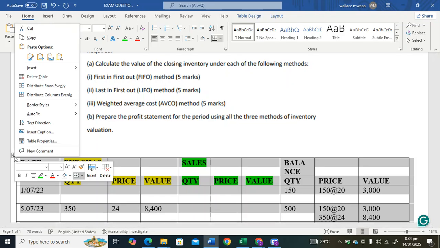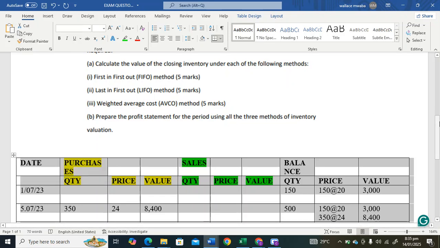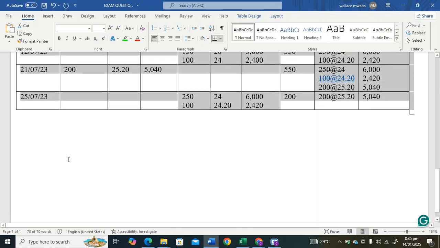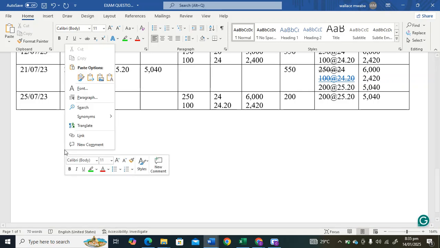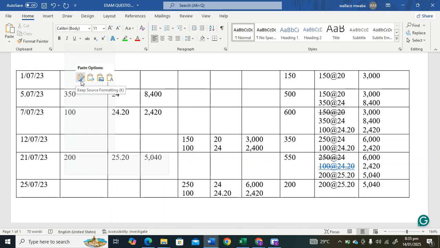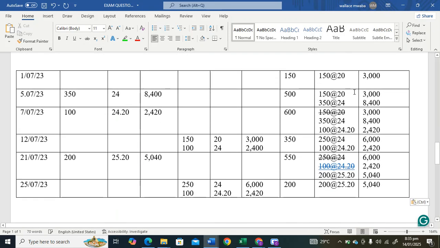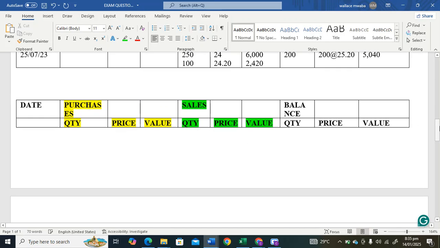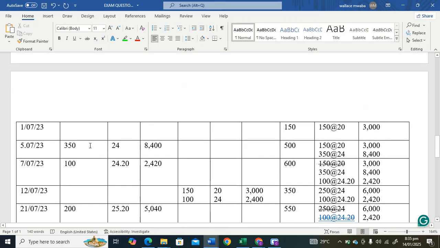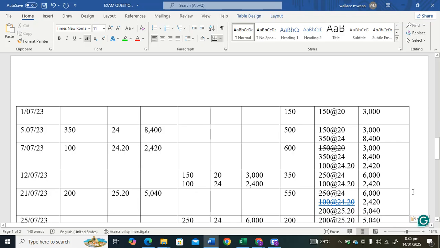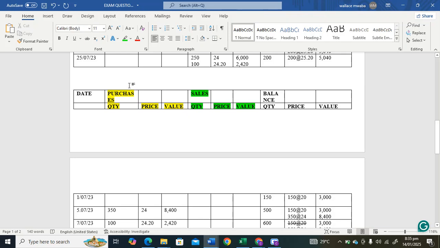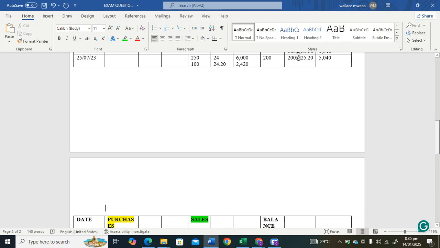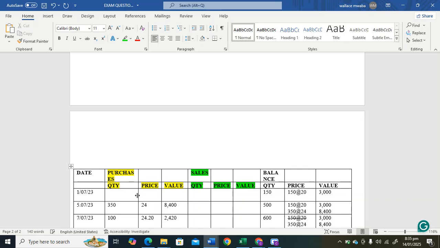The goods that came in last will be the ones that will be sold first. So using now LIFO.